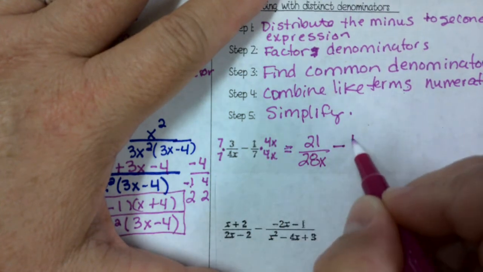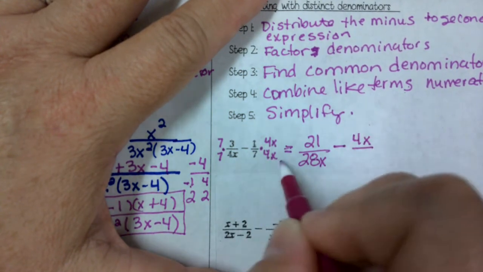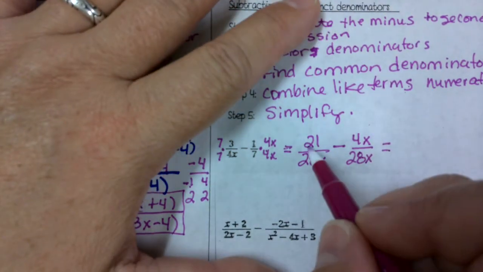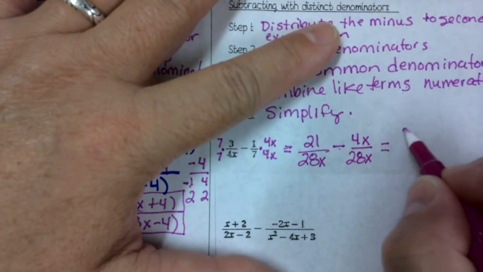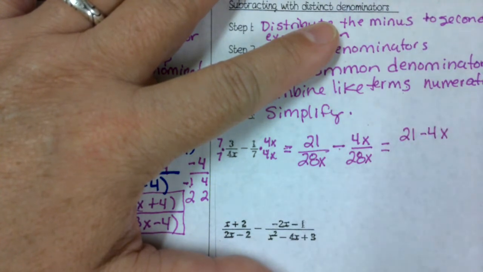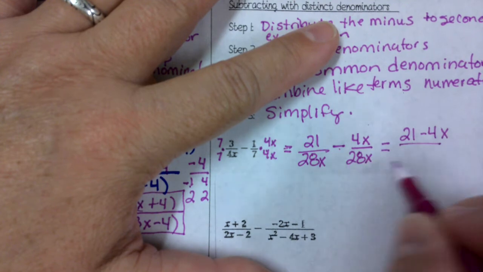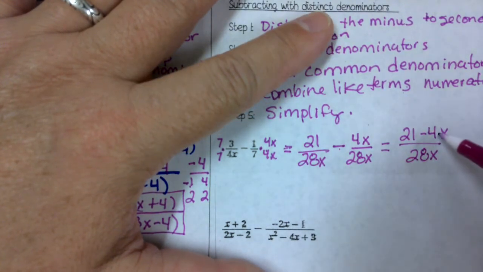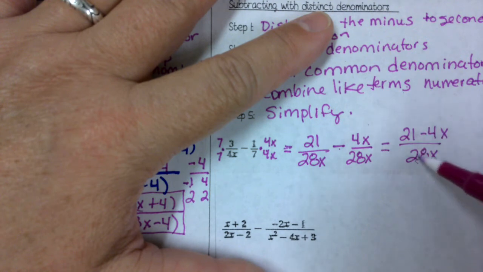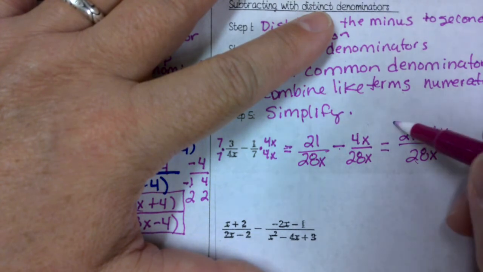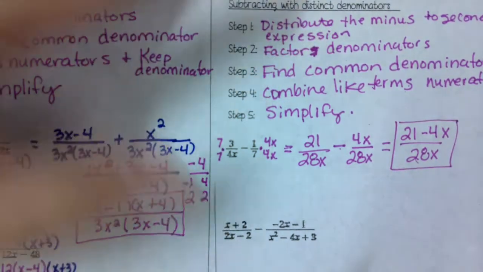Minus 1 times 4x is 4x, divided by 28x. So I have 21 minus 4x, and that is divided by the 28x. Like 4 and 28 would reduce, but the 21 does not. So it has to be all three, which means that this is my answer.